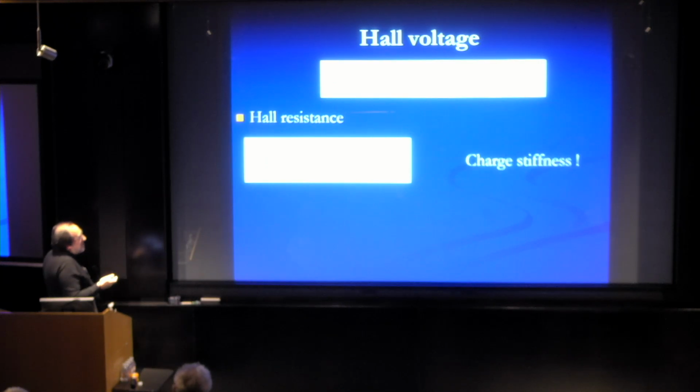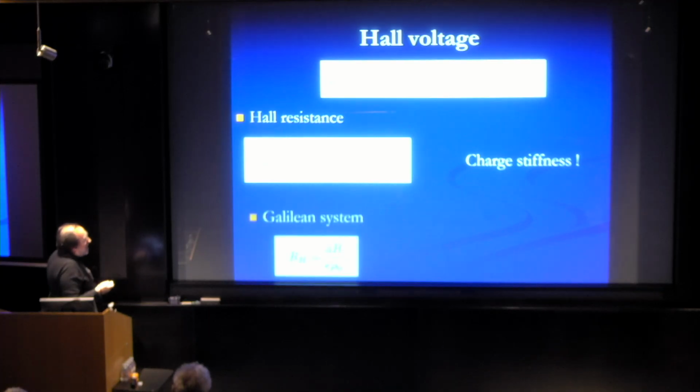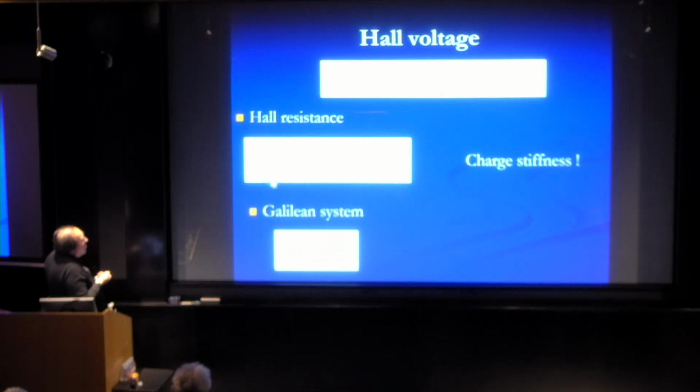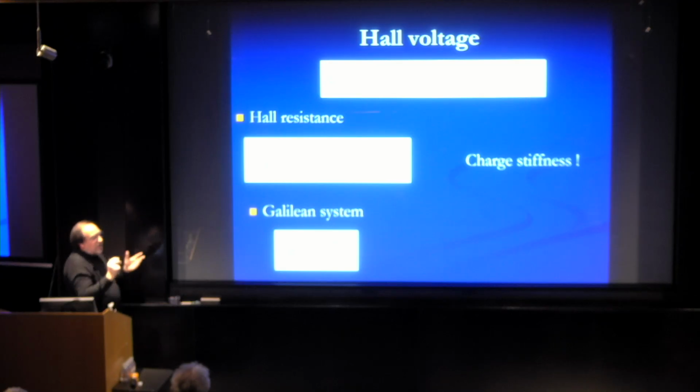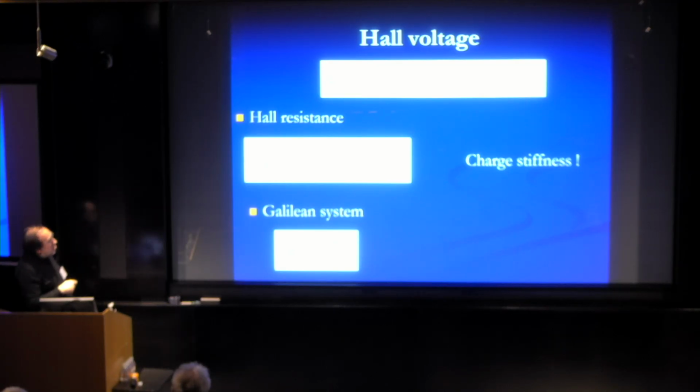And this is a kind of remarkable formula because it tells you that one transport coefficient, which is the Hall resistance, is nothing but the derivative with respect to the density of the log of another, I don't know if I should call it transport coefficient, but thermodynamic coefficient, which tells you how your system responds to a twist in boundary condition.